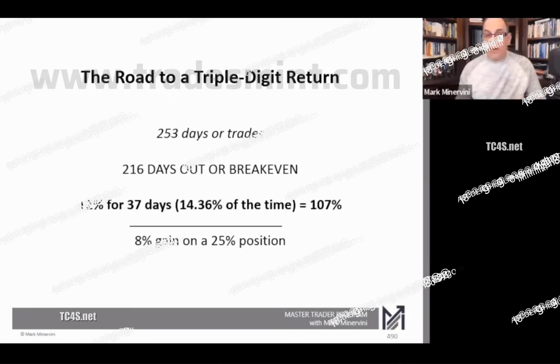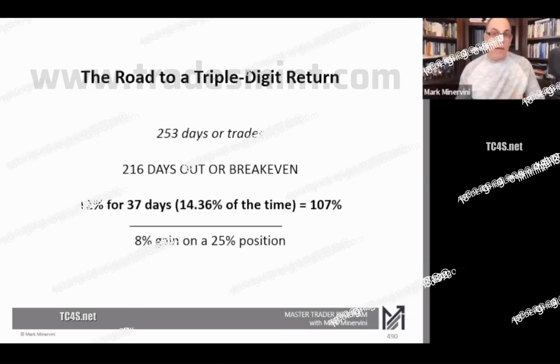Well, that equates to, if you took a 25% position, let's go back to the first example of 25% position sizing, 75% cash. Let's assume that's the way we're approaching it. 75% cash, 25% position sizes. We would have to find a stock that went up 8%.